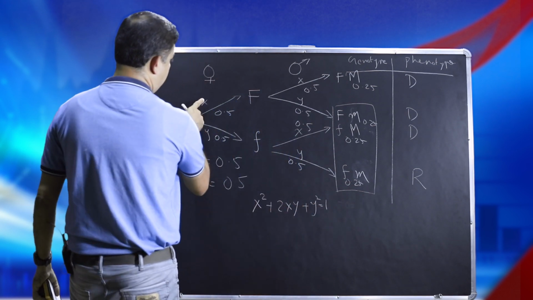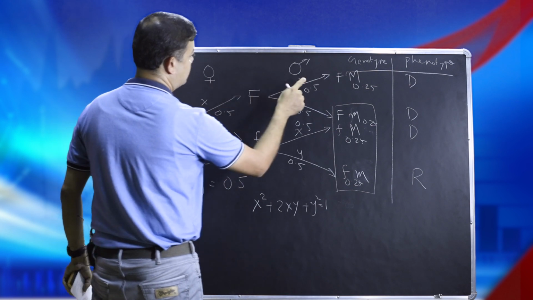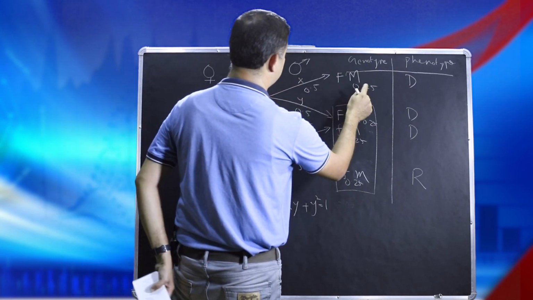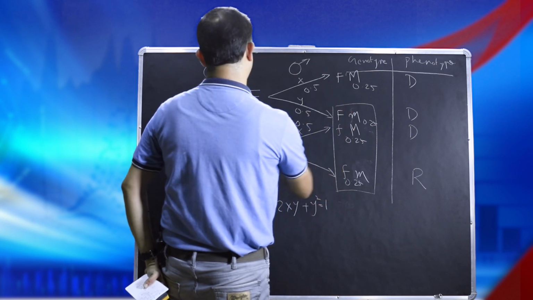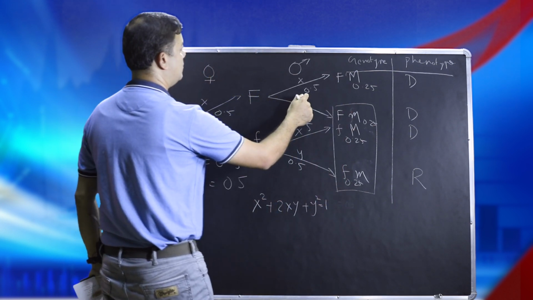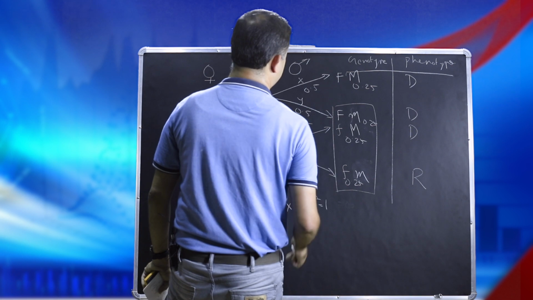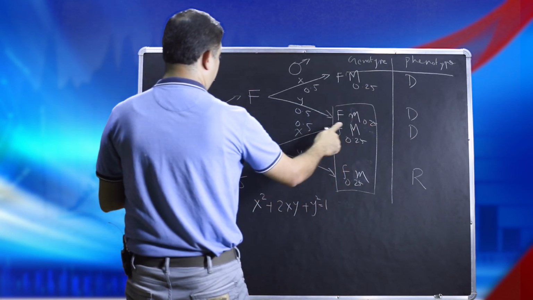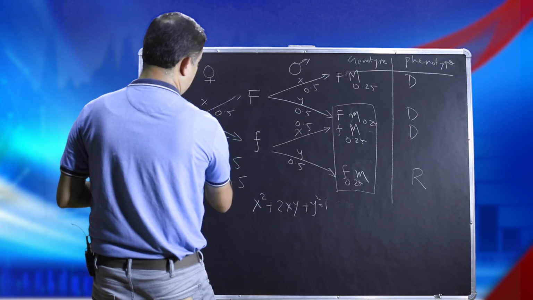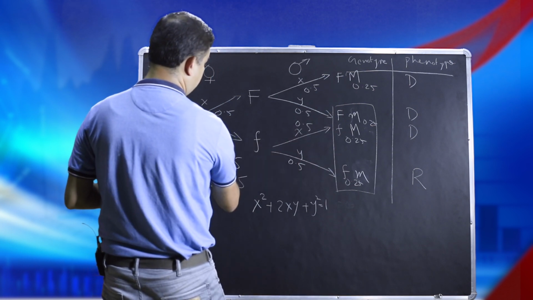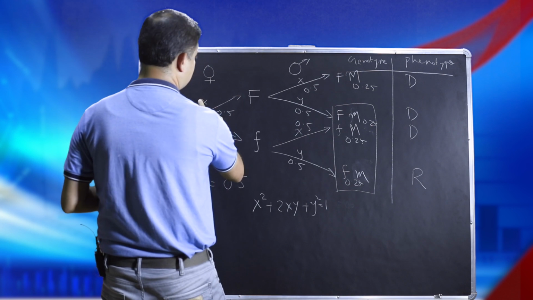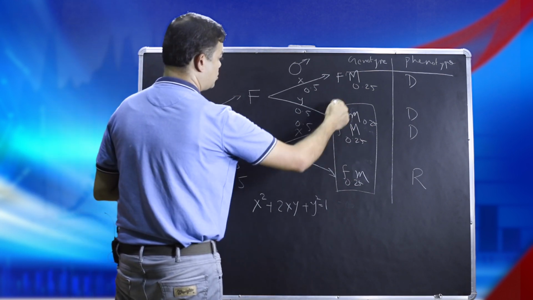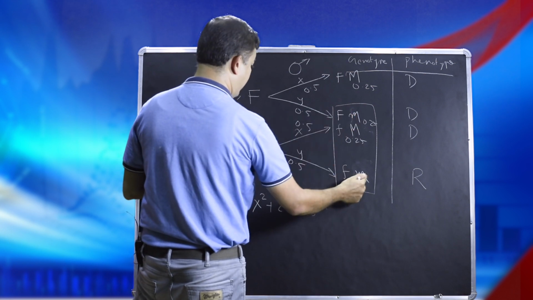X square, because x into x is x square, so 0.5 multiplied by 0.5 is 0.25. Then 2xy is this value, and y square is this value.